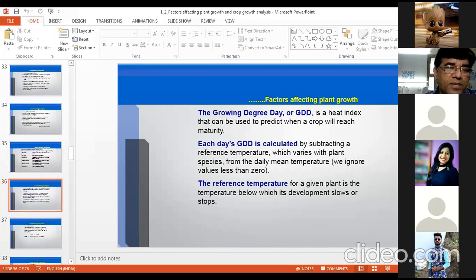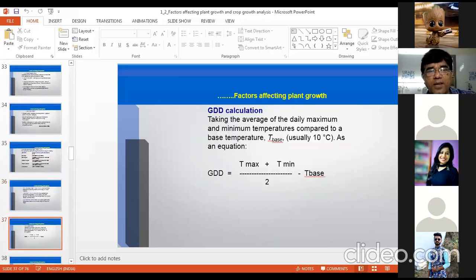You will see how this growing degree days is calculated. The base temperature, or reference temperature, is taken as 10 degrees centigrade. So you can see here, growing degree days is equal to T max plus T min, this data you can take from the thermometer, and then divide by 2 minus base temperature. So base temperature here is 10.